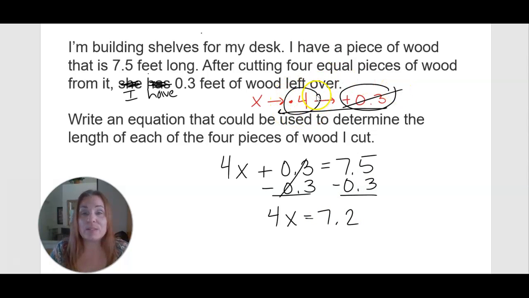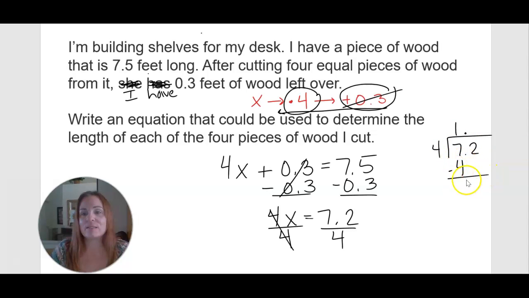Now I go back another step. I have to do the opposite of times 4, which is divide by 4. So 7.2 divided by 4, I'll do that off to the side here. I'll bring my decimal point up. 4 goes into 7 once. 4 goes into 32 8 times.